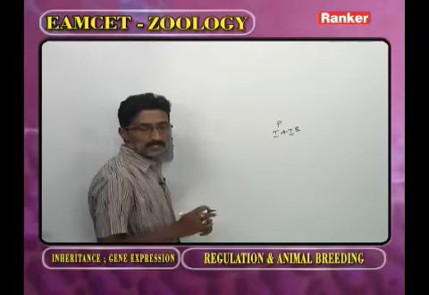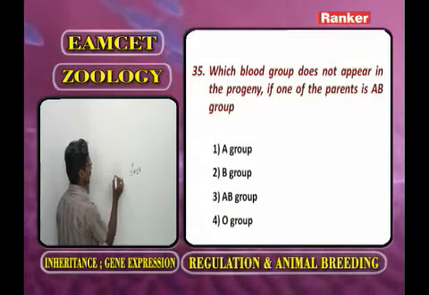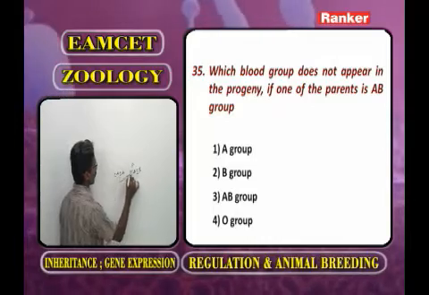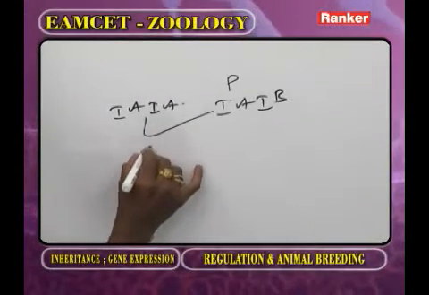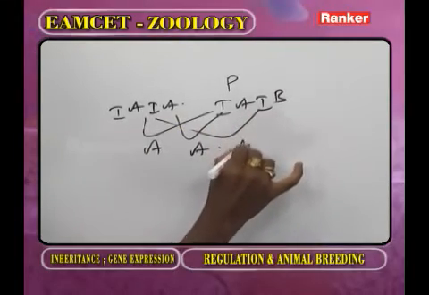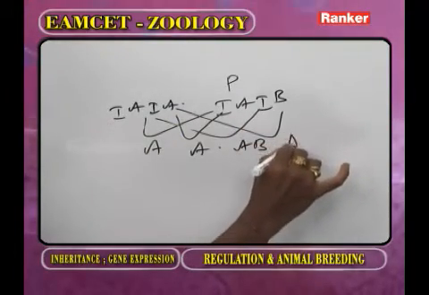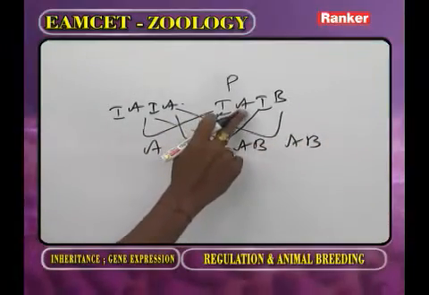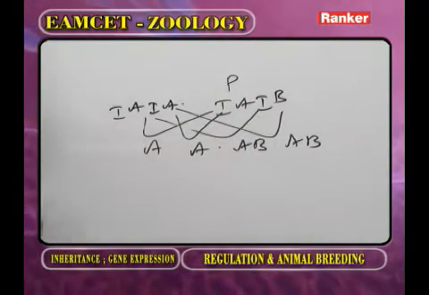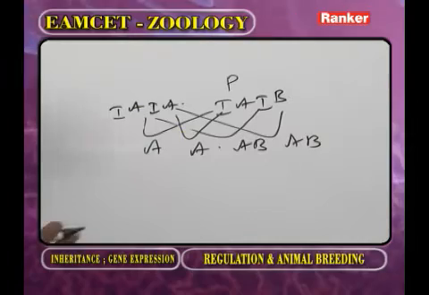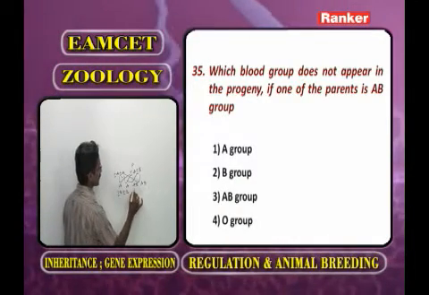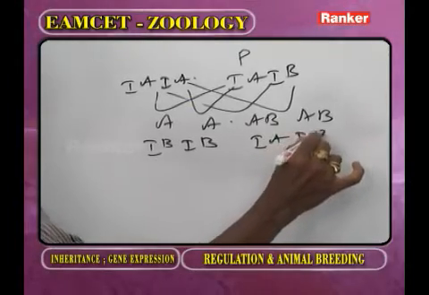Now you have to observe the first option, A group, IAIA. If we go for the cross, we are getting A blood group and AB blood group, and AB blood group. So when AB is crossed with A, we are getting these blood groups. Now the second one is B, IBIB, crossed with IAIB.